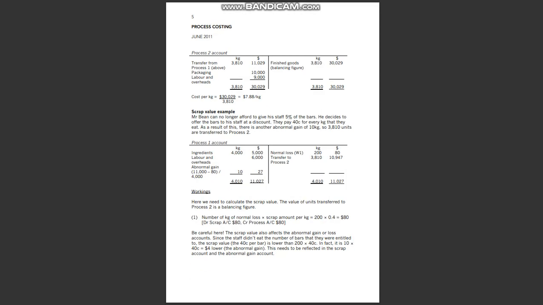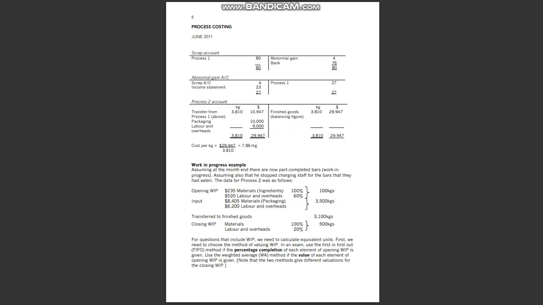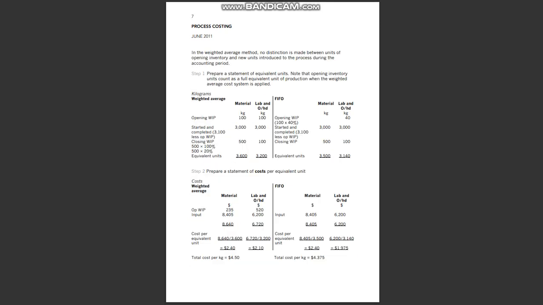Then we prepare the statement of cost as the equivalent method.